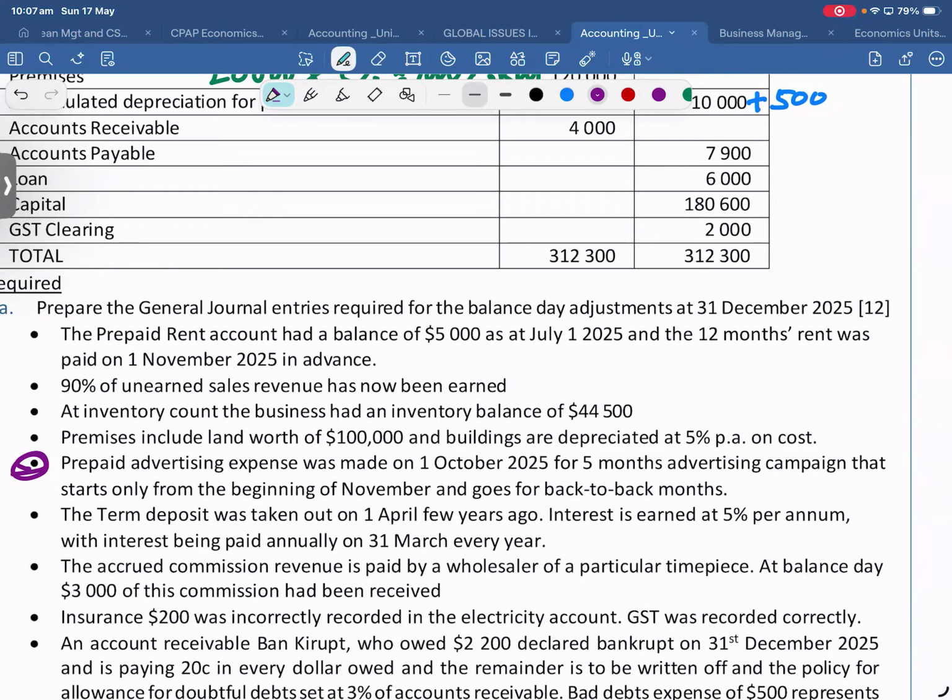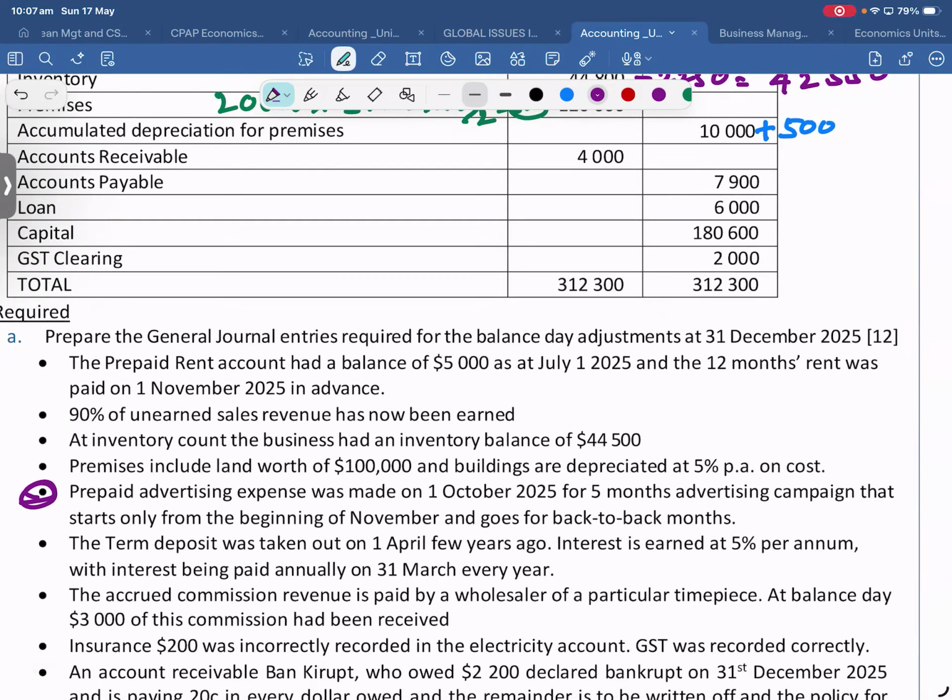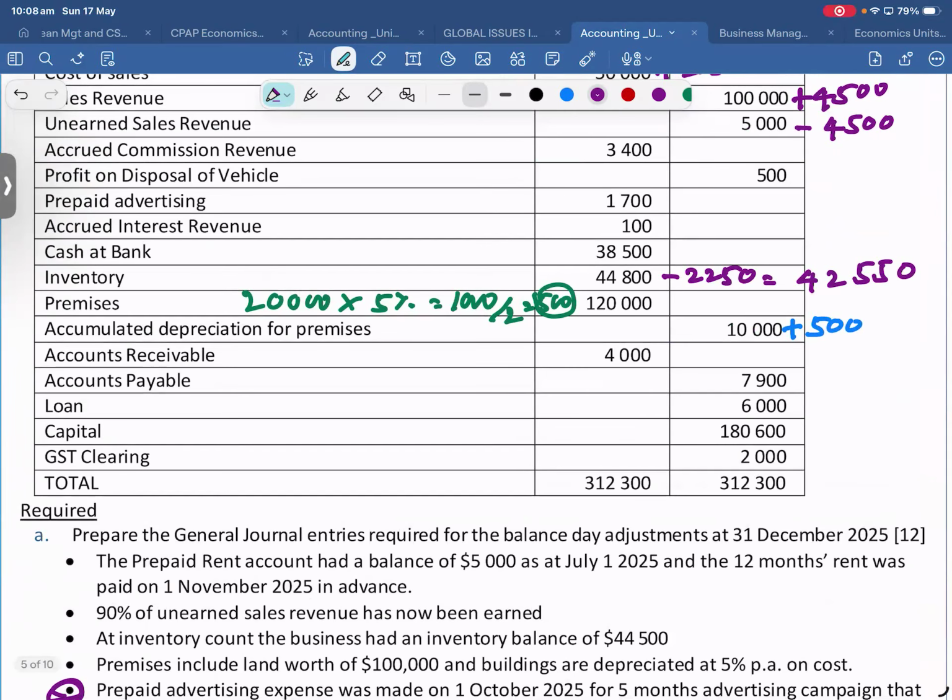Right? Everyone read the question? Prepaid advertising was made 1st October for 5 months. That starts only from beginning of November and goes for back-to-back months. So then how much is the prepaid advertising, guys? 1700. You sure 480? No. 680? Okay. Any other answers?